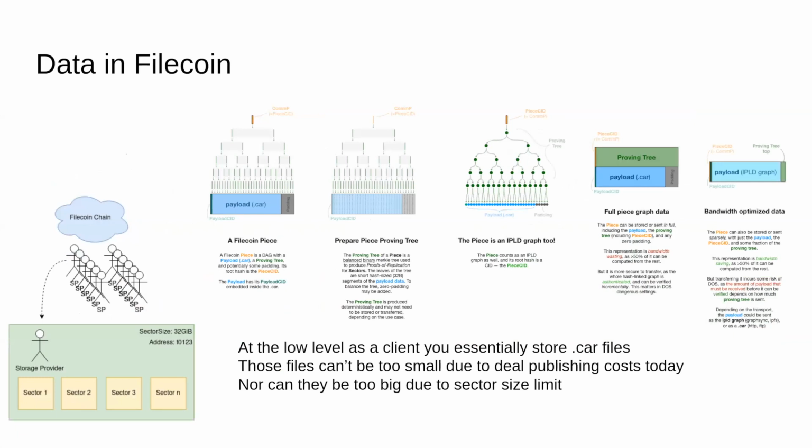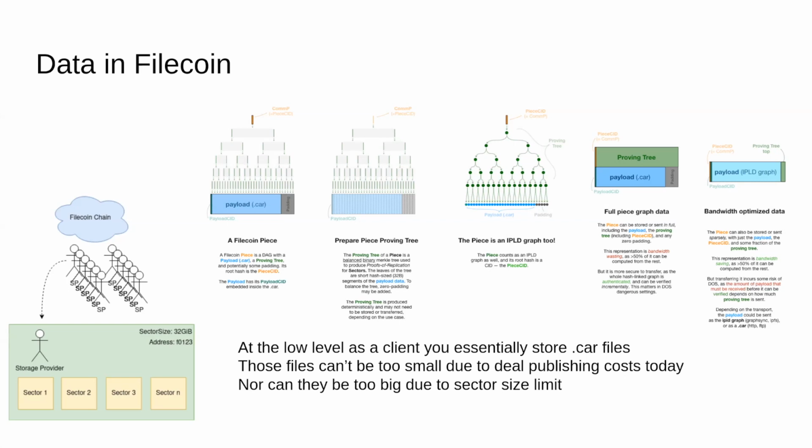So for storage in Filecoin, you have the Filecoin chain, and it's run by storage providers. Each storage provider is essentially just storing a set of sectors, and a sector on mainnet is either 32 or 64 gigabyte block of data.